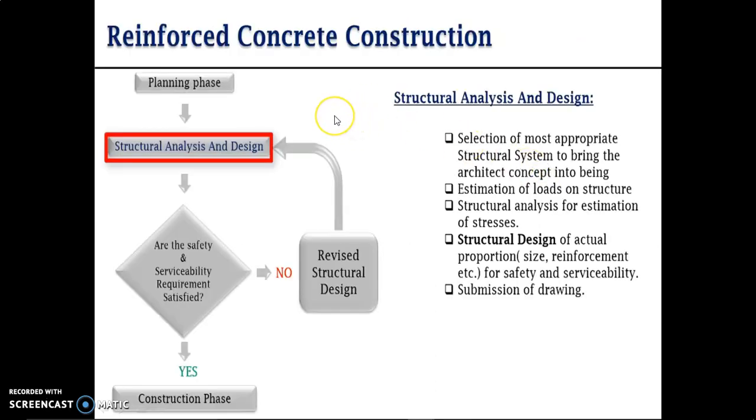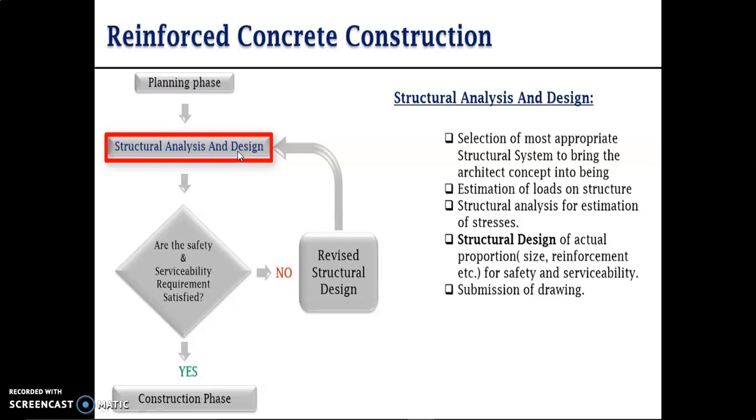First, you have to know the reinforced concrete construction phases. First, we have the planning phase. After that, we have structural analysis and design. It means if you want to construct a building, first you have to plan. After that, you have to analyse and design the elements, because our building is made up of some elements.